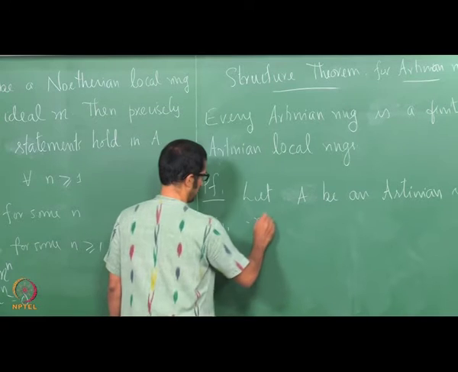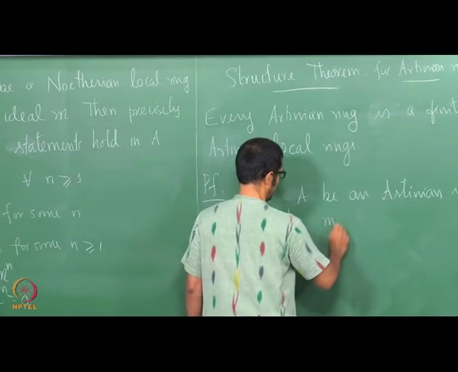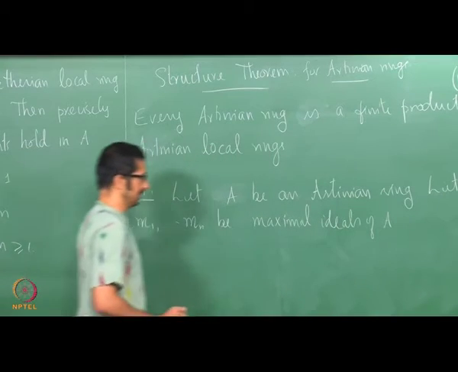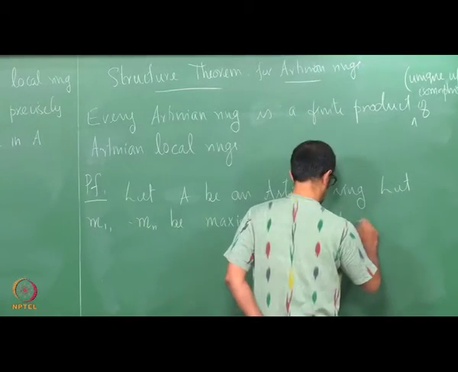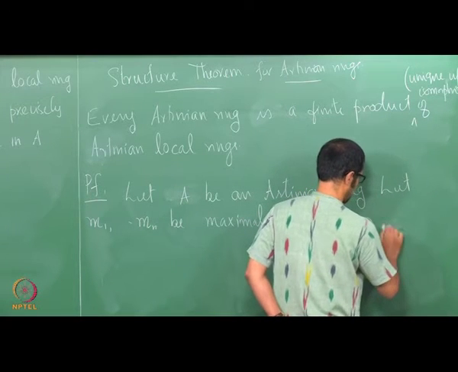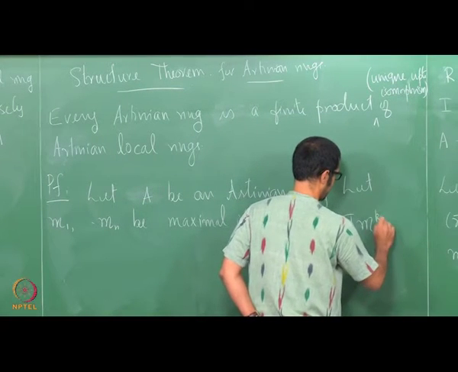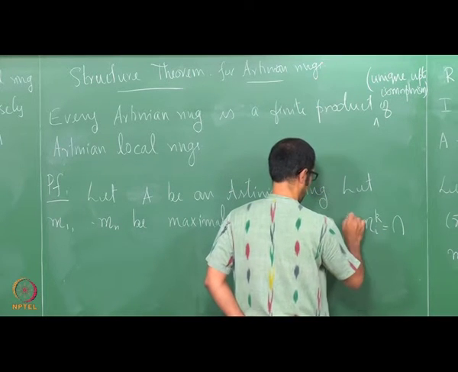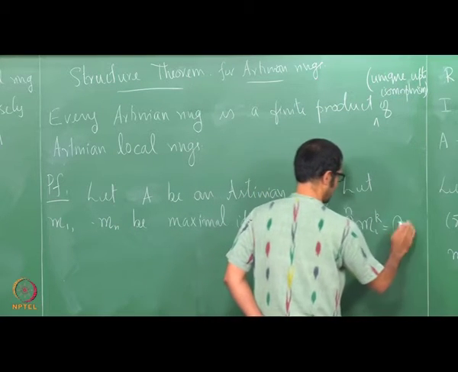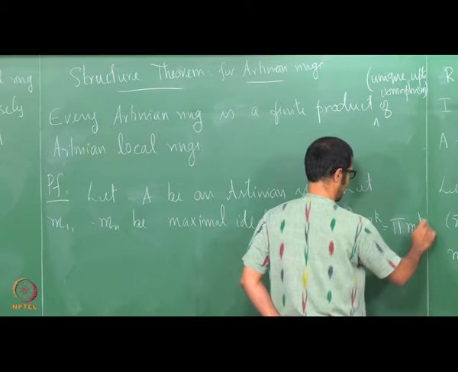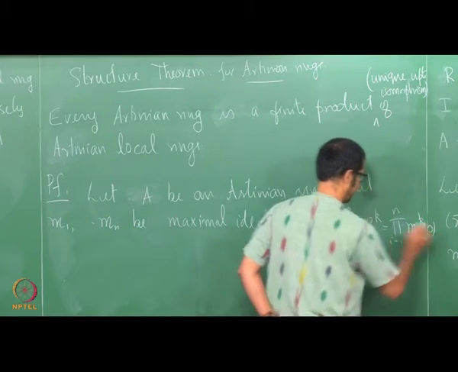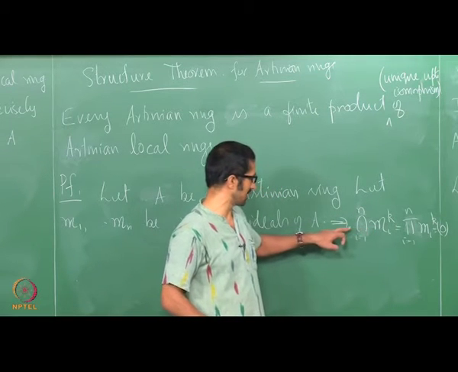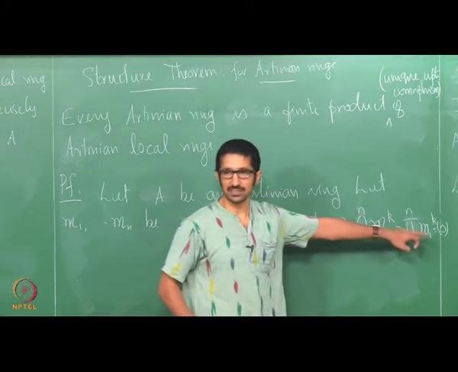So, let M1 up to Mn be the maximal ideals of A. Now, this implies that the intersection of the Mi power k, i from 1 to n, is equal to the product of the Mi power k, and this is 0. See, this is the nil radical, and the nil radical is nilpotent. We just use the fact that the nil radical is nilpotent to say that this will be 0.